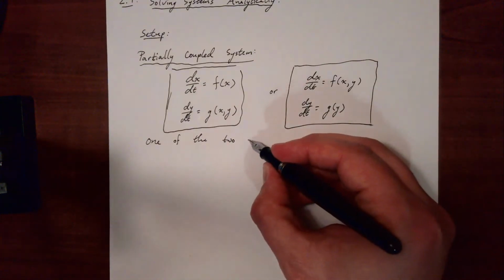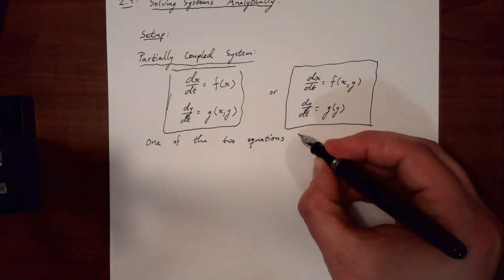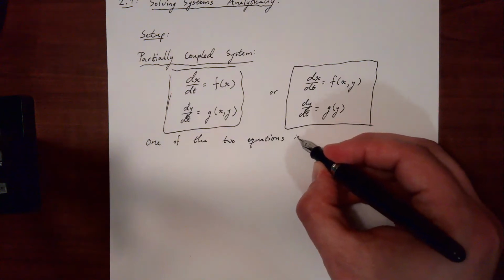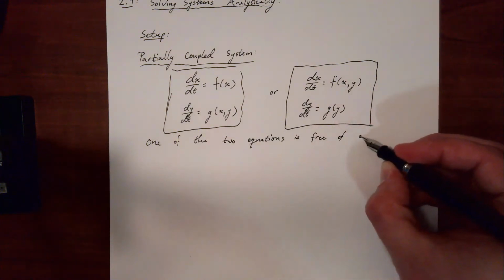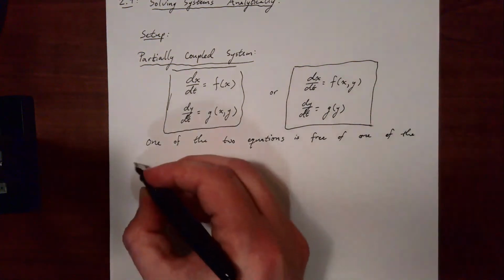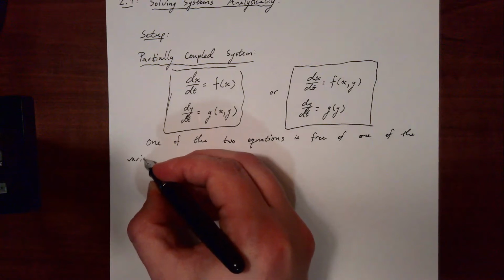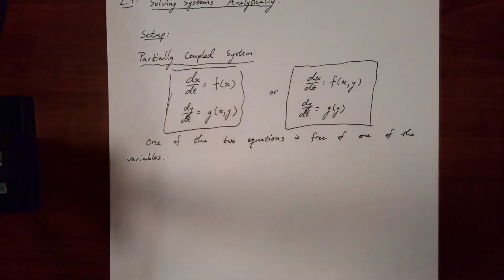So one of the two equations is free of one of the variables. So that's what it means to be partially coupled.